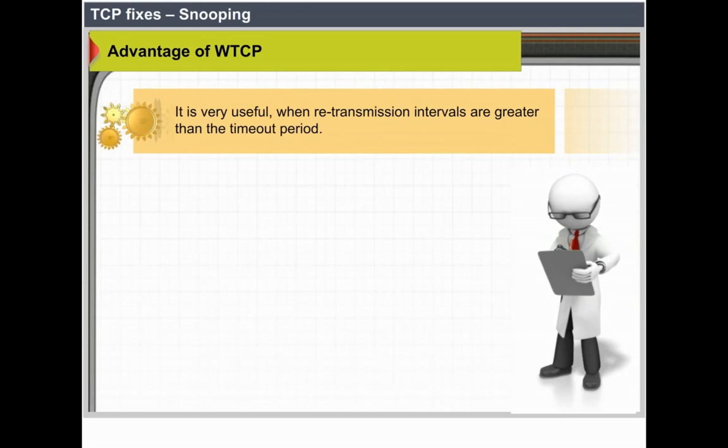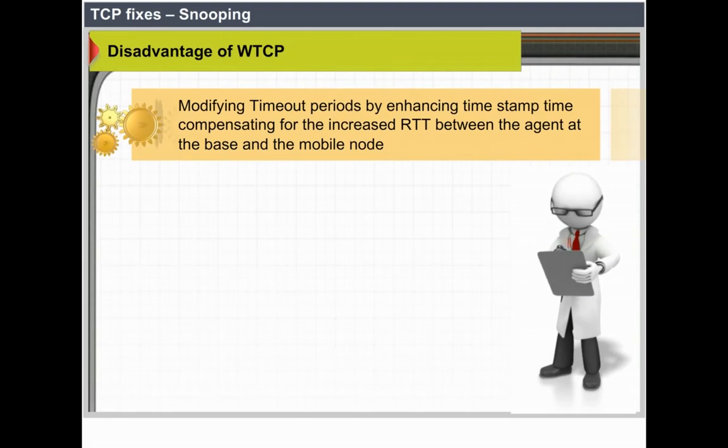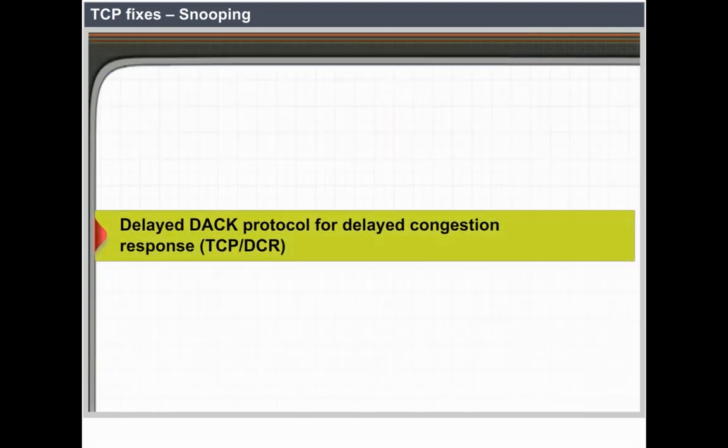Useful when retransmission intervals are greater than the timeout period. Disadvantage of WTCP: cannot be used on shared LANs.